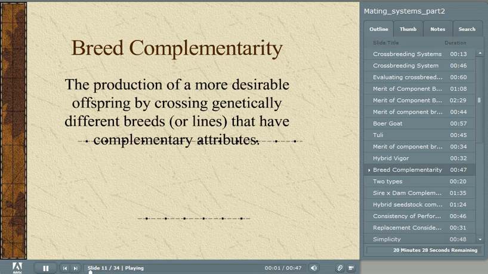Now we want to balance that with our second criterion, which is breed complementarity, and that is the production of a more desirable offspring by taking complementary attributes of the different breeds, and the breeds we choose, so going back to merit of component breeds, and combine those into a new animal.